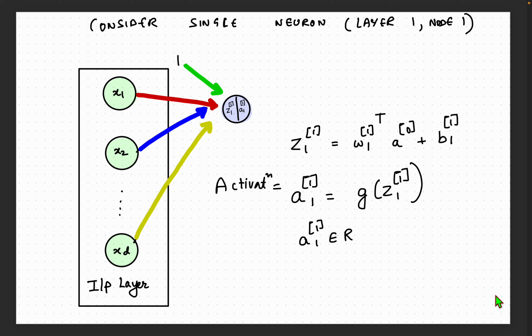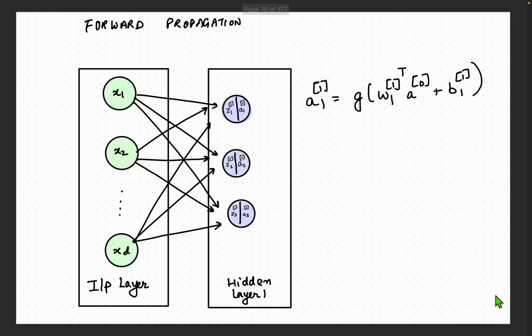And that is also going to be an element-wise operation, which means that it is not going to make any changes to the shape of Z, right? So in this case, we had Z as a scalar, so our A is also going to be a scalar. That's why we are writing that A subscript 1 superscript square bracket 1 is of shape R.